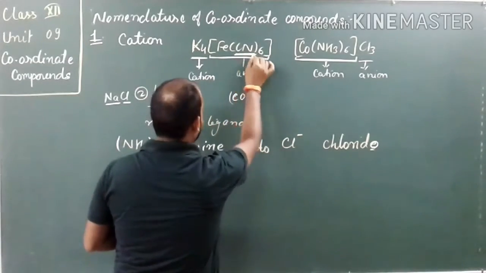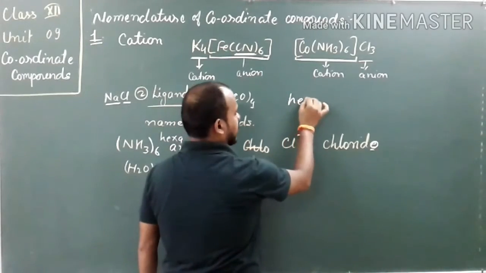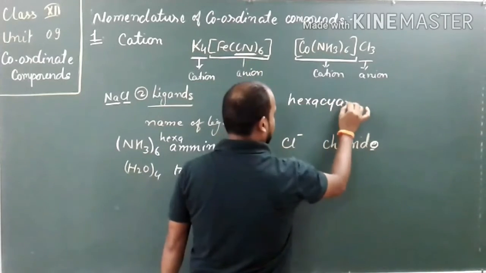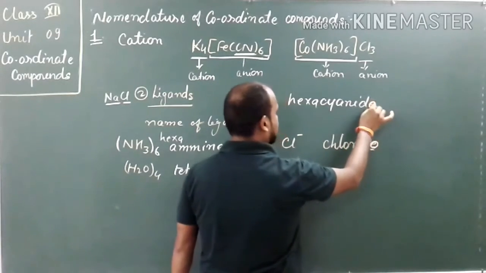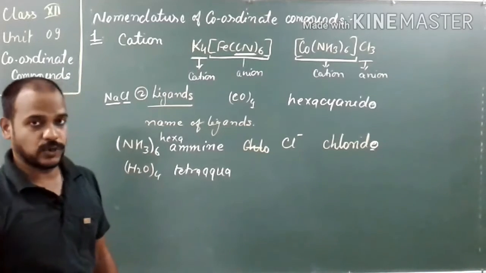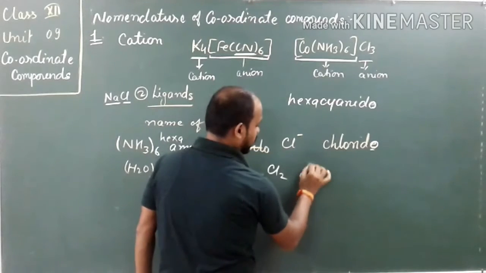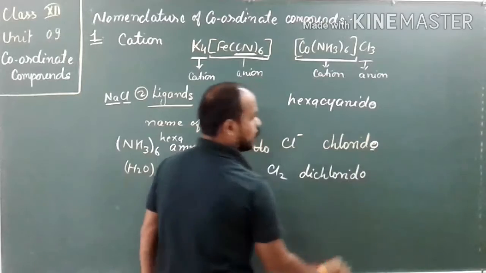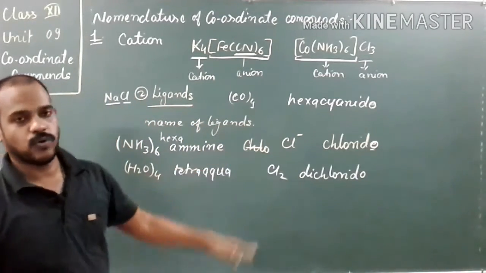For 6 we will write hexa, and the name of this CN is actually cyanide, but according to the rule we will write its name as cyanido, not cyanide. If it is Cl2, then it will be di, and Cl means chloride, so it will be chlorido. So after the name of a negative ligand we will write O.